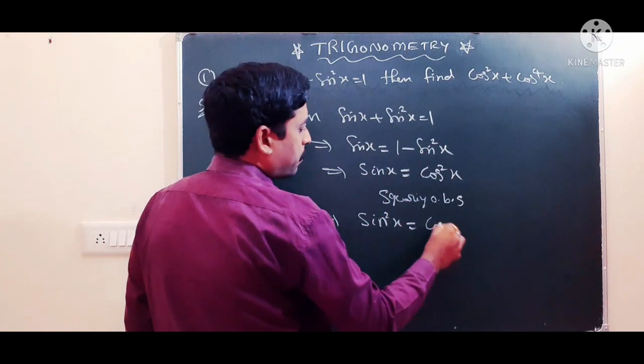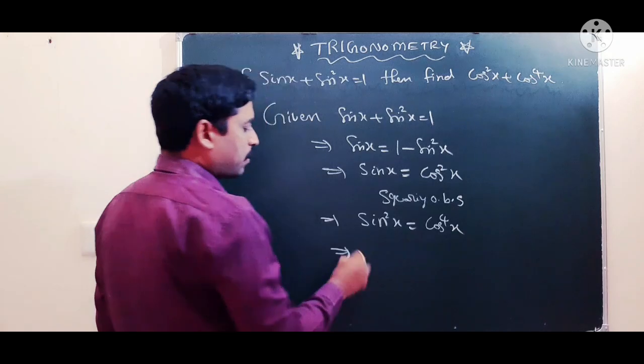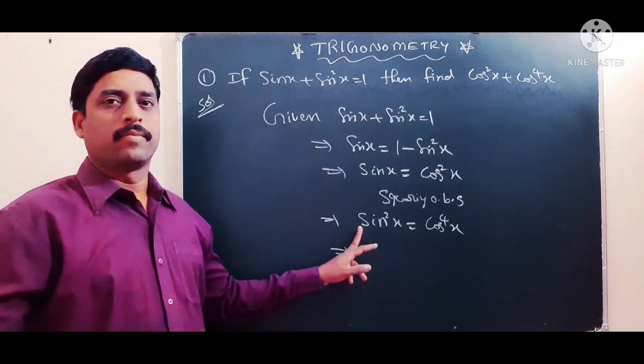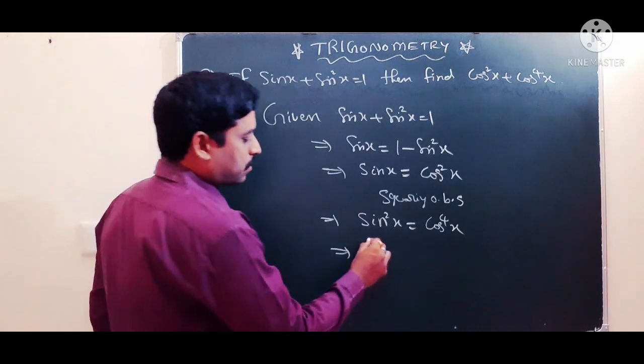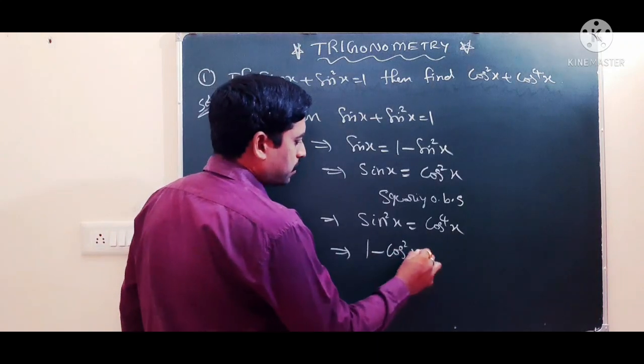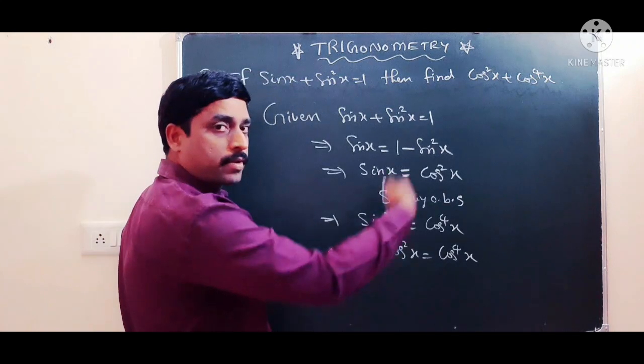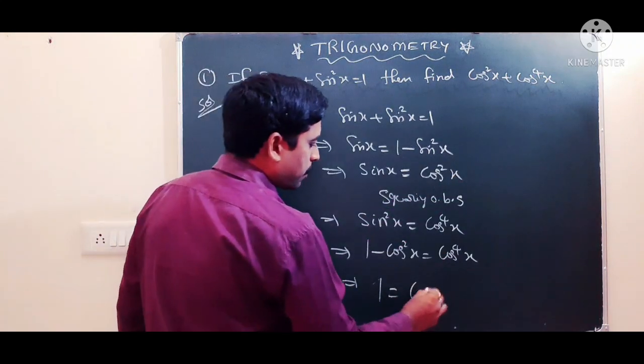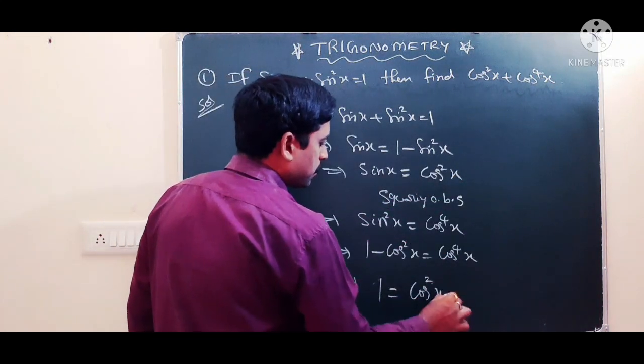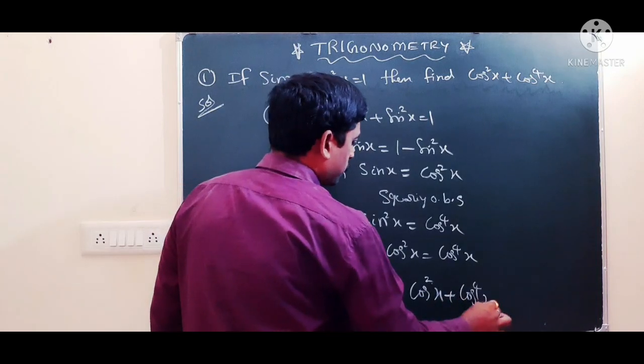This is cos to the power 4x. Okay, sin square x, we have the formula, 1 minus cos square x is equal to cos to the power 4x. Therefore, bring the minus cos square x to the right side, 1 is equal to cos square x plus cos to the power 4x.